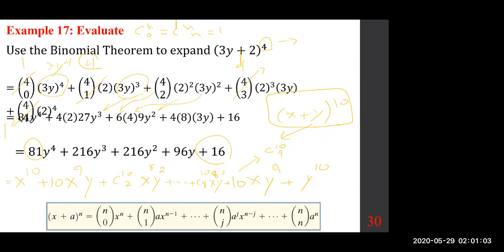Now what matters is when you do the calculation, C(10,2), you calculate, then it's the same as C(10,8). You don't have to calculate both of them because remember 8 and 2 add up to 10. So that's an interesting piece to remember.